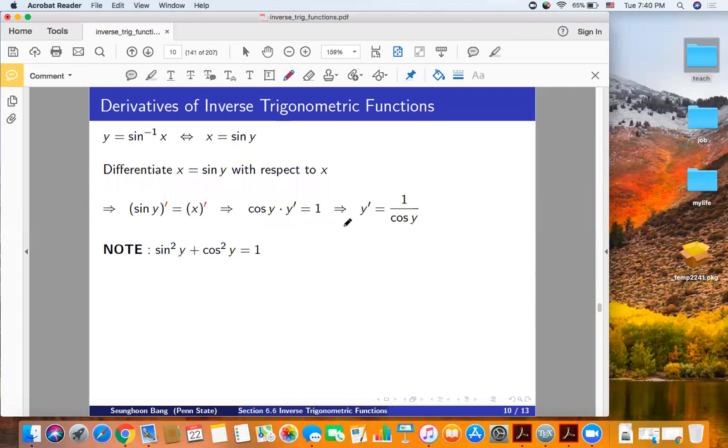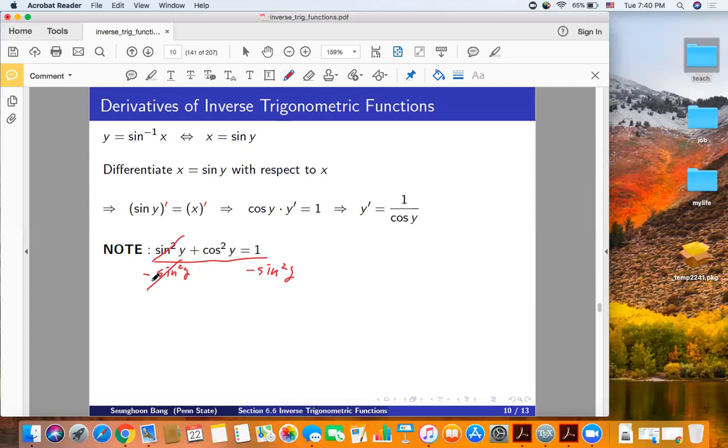Next, I want to change cosine of y by using sine of y. So we use the identity: sine squared y plus cosine squared y equals 1. Subtract sine squared y from both sides. Sine squared y is cancelled.